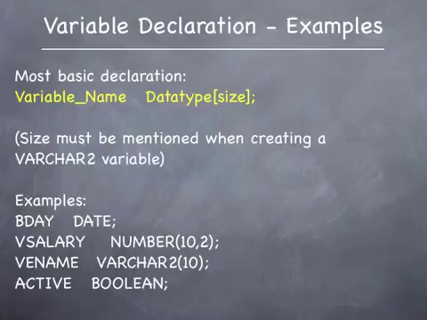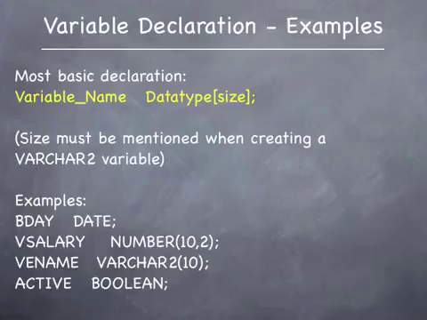The slide has a number of examples of variable declarations. The first variable is called bday and will store date type of values. The next variable is vSalary. It can store numeric data with a precision of 10 and a scale of 2. The next variable is vename. It will store character data with a maximum width of 10 characters.